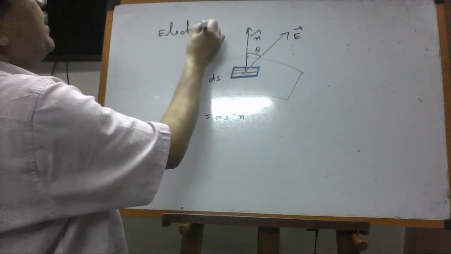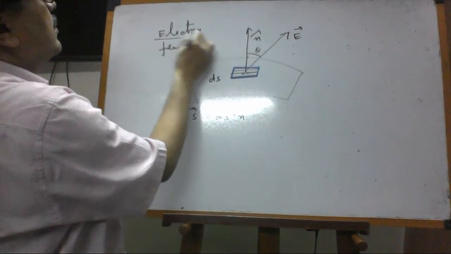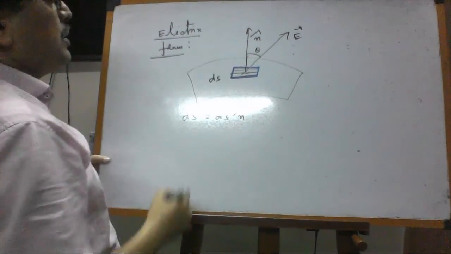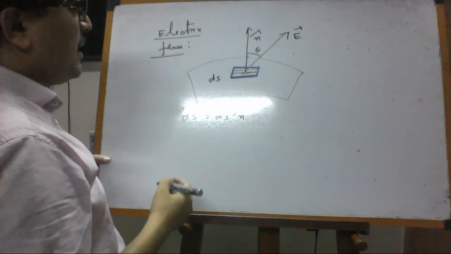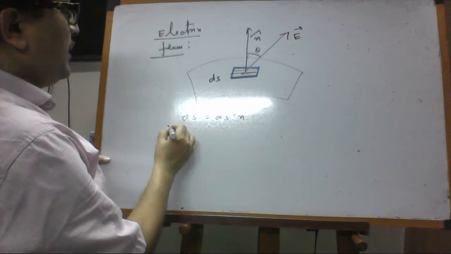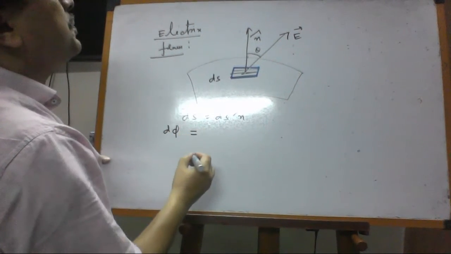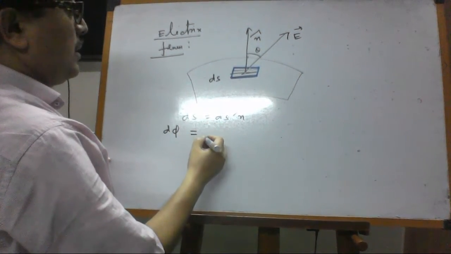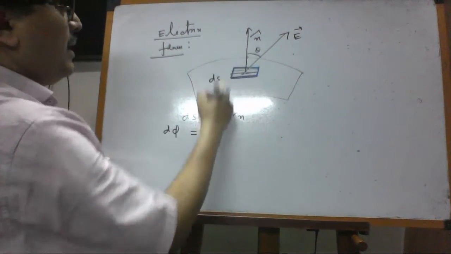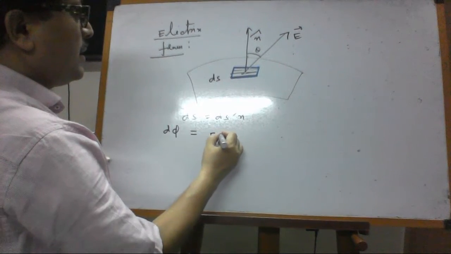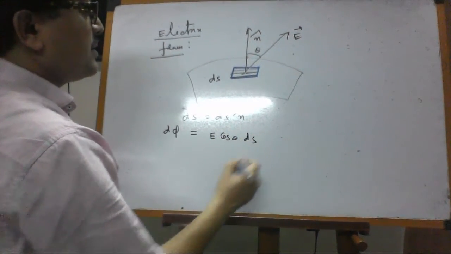We are going to calculate electric flux through the whole area. To the small area, to find the electric flux, we write d phi. Phi sign is used for electric flux. D phi is going to be equal to the component of electric field vector along n cap, that is E cos theta into ds.